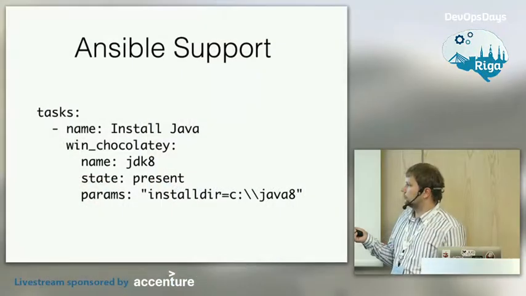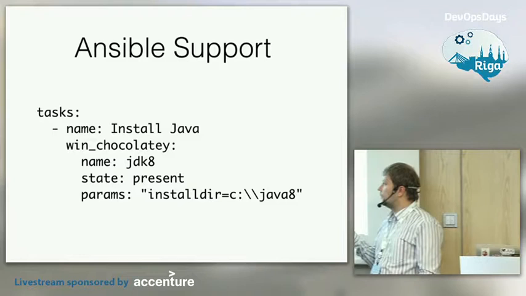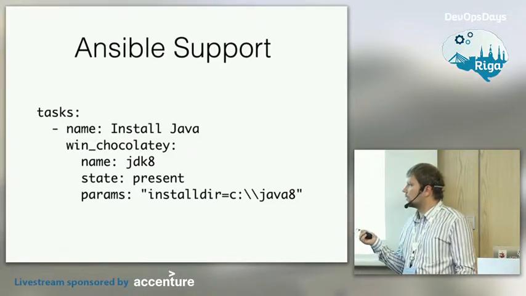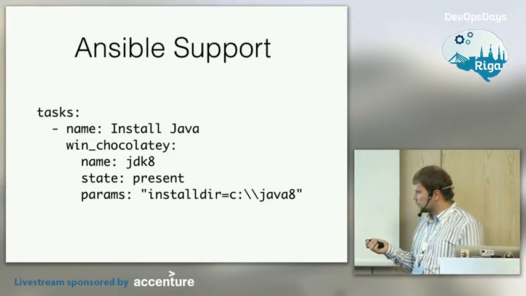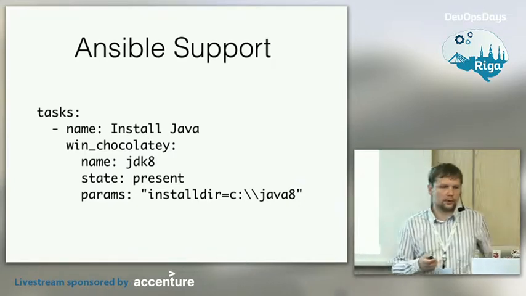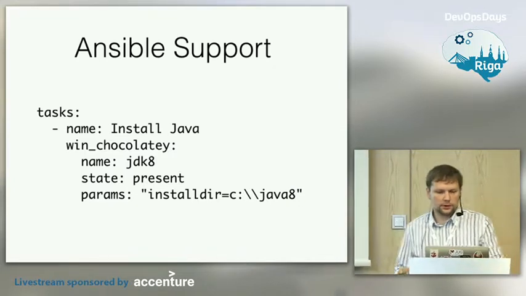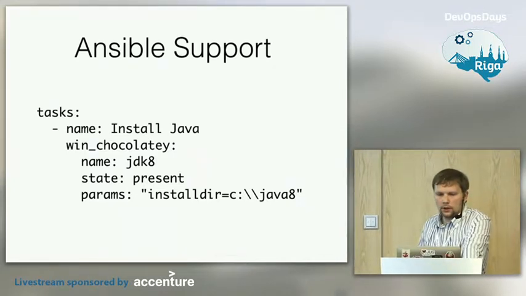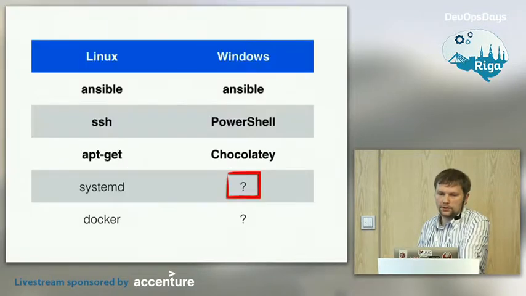You could install all the stuff you want. So Chocolatey has Ansible support. You have a special task called win_chocolatey. You type in a package name, say that you want it to be present on this machine, and pass additional params, and it works seamlessly and integrates with the package manager.